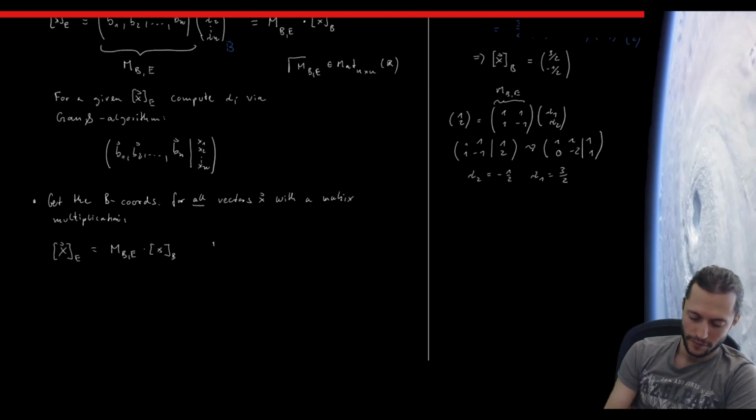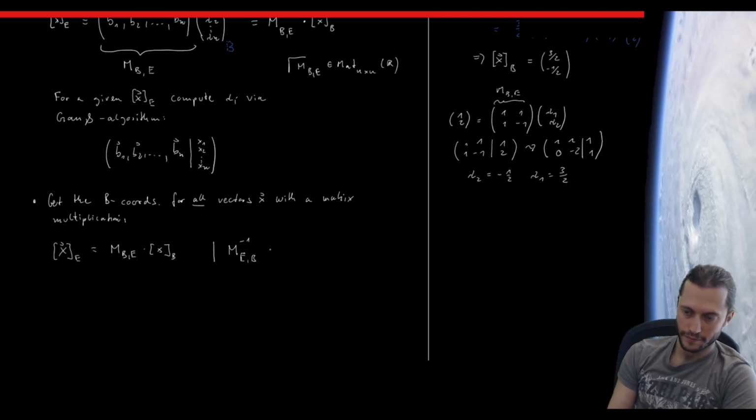Well, now, this is why I said you need inverse matrices in the beginning, or noted it down in useful knowledge, because now you can do the following. You take the inverse matrix, which goes from E to B, and multiply it from the left. Let's do that first.